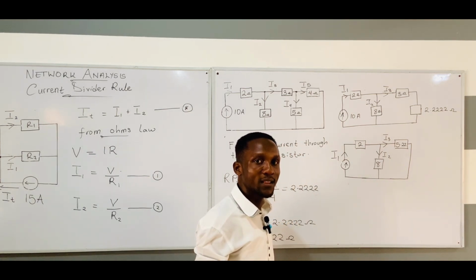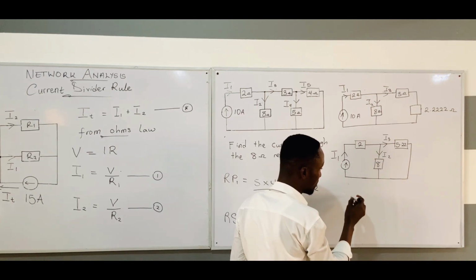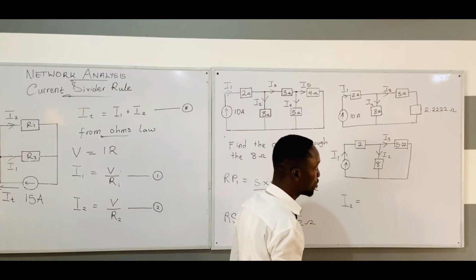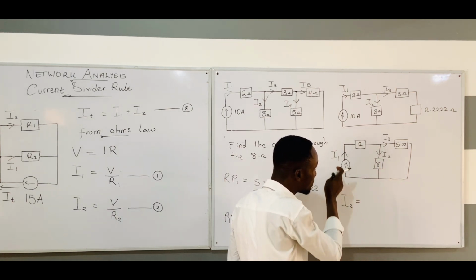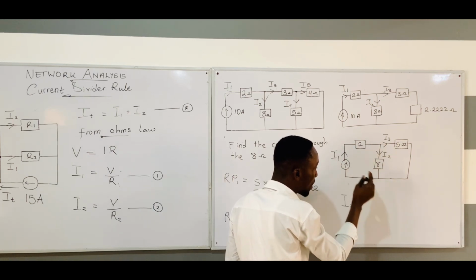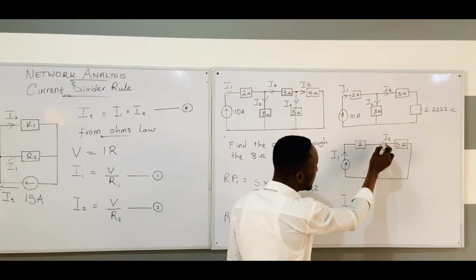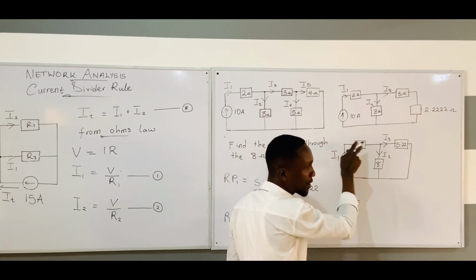Now I can apply the current divider rule by saying that I need the current on this junction. So let me write it down. I2 equals what? What is the opposite resistor? 5.22. So I will take the total current that is supplying this junction. It is I1. This I1 is supplying this node, so it is the total supply current that is coming.